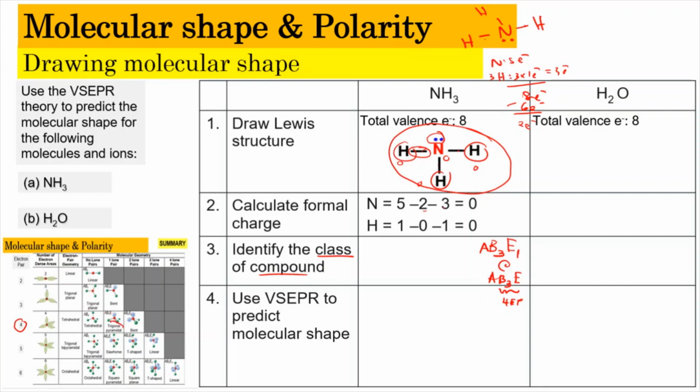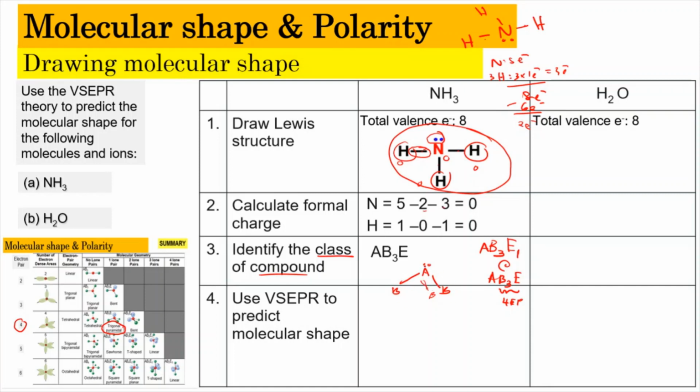So it's going to adopt the structure of trigonal pyramidal. So it's supposed to look something like this: A, B, B, B, and then something like this. So you need to draw it according to its shape.